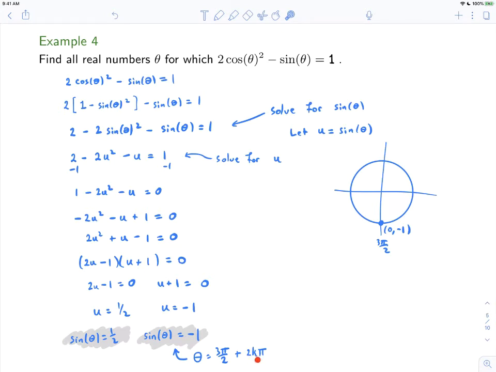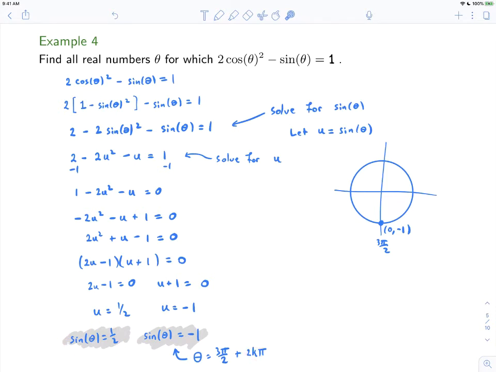Since k is any integer, we can get any even number, and an even number represents a complete rotation. So to get all of the angles that are coterminal with 3 pi over 2, we add in 2k pi, where k is any integer.